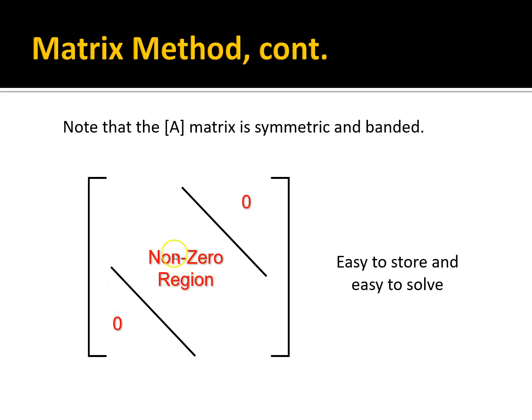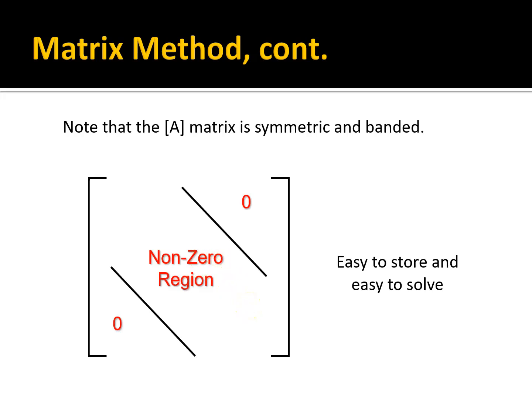We have a non-zero region, which is symmetric, and we have these zeros out here. Now, in cases like this, you only need to store 1/2 of the band. So there's no point in storing all these zeros up here or down here, and there's no point in double storing each of these. So you only have to store half of this non-zero region.